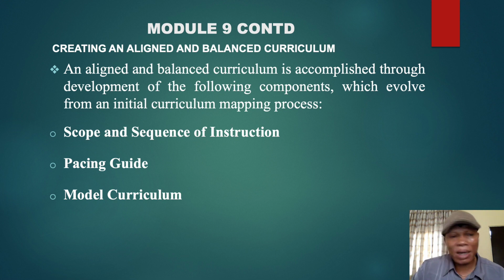What this one is telling us is that model curriculum illustrates how concepts and skills are identified in a pacing guide, and a curriculum is modeled in such a way that the knowledge of concept from a subject can be linked to another subject. Like I said the other time, this is how the science educators, researchers in the field of science, came about what we call STEM.